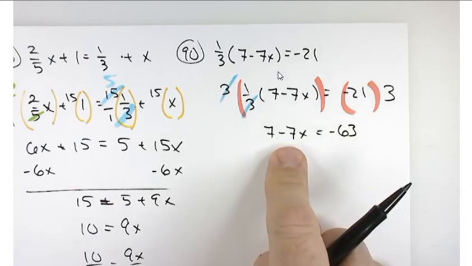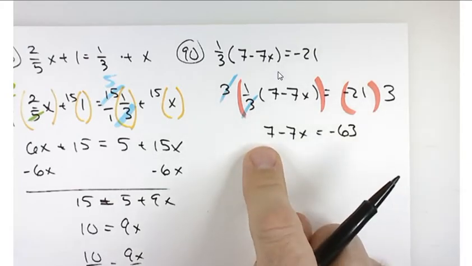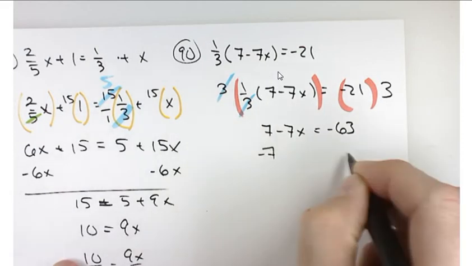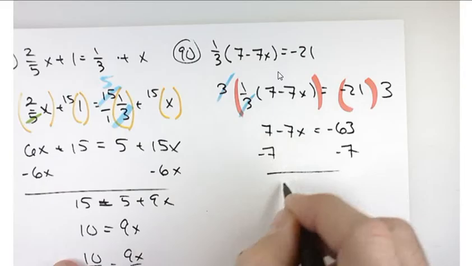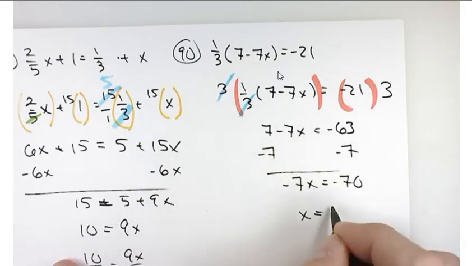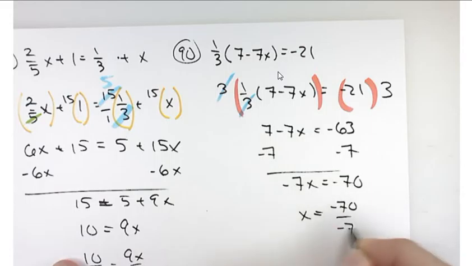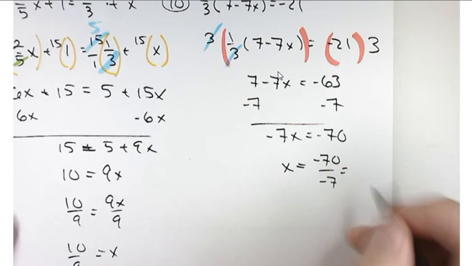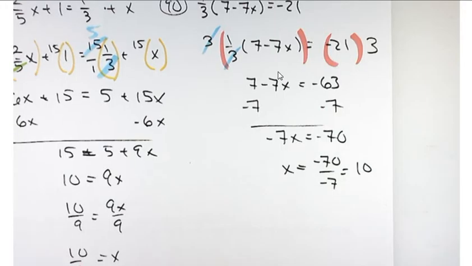Variables on one side already, so put the constants on the other side. Negative 7x equals negative 70. And when I divide by negative 7 on both sides, what do I end up with? Positive 10. Whew.